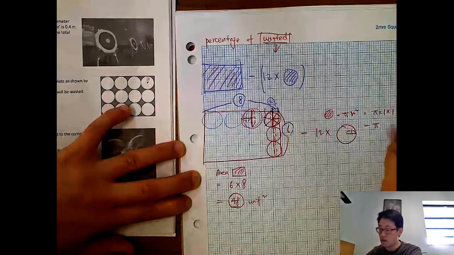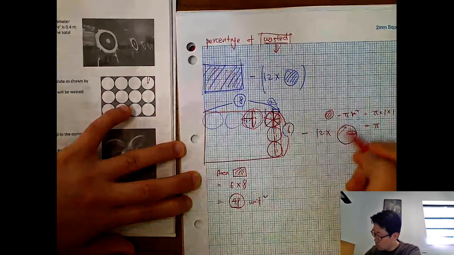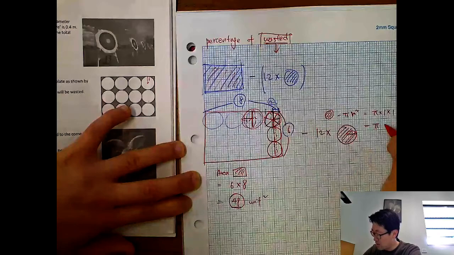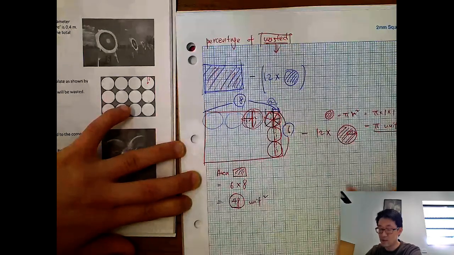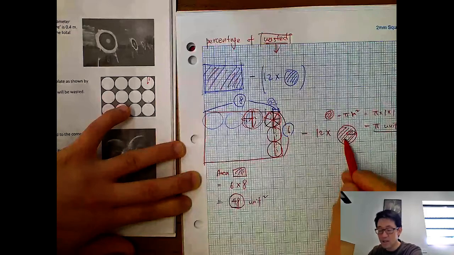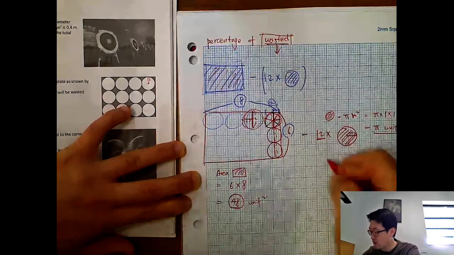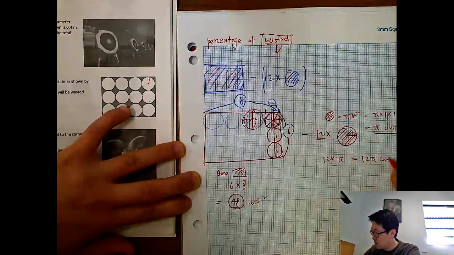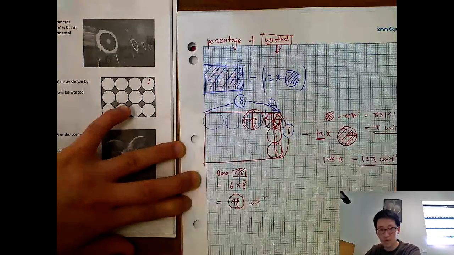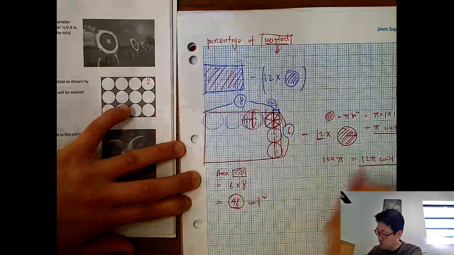Okay? And then that whole circle is pi unit squared. That's the area. And how many there? 12. Therefore, 12 times pi, 12 pi unit squared. Okay? Let's put together.